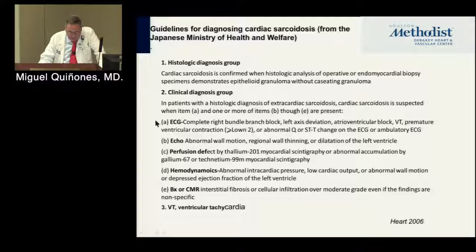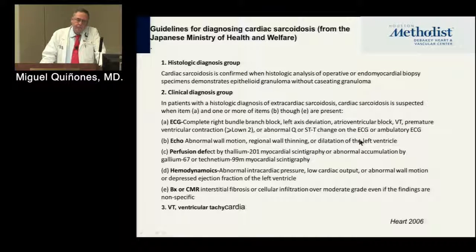They want to have an EKG abnormality, and one or more of these other ones present. So you start by having an EKG that is not pristine normal. Basically, right bundles, left axis deviations, some type of AV block, premature contractions or VT, abnormal Q waves, sort of pseudo-infarcts, ST changes, prolonged PR as part of the AV block. So it's not a completely normal EKG.